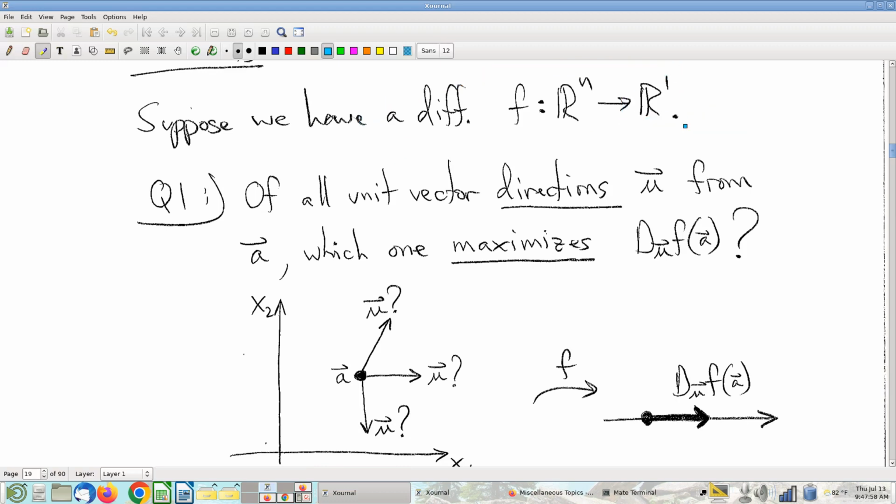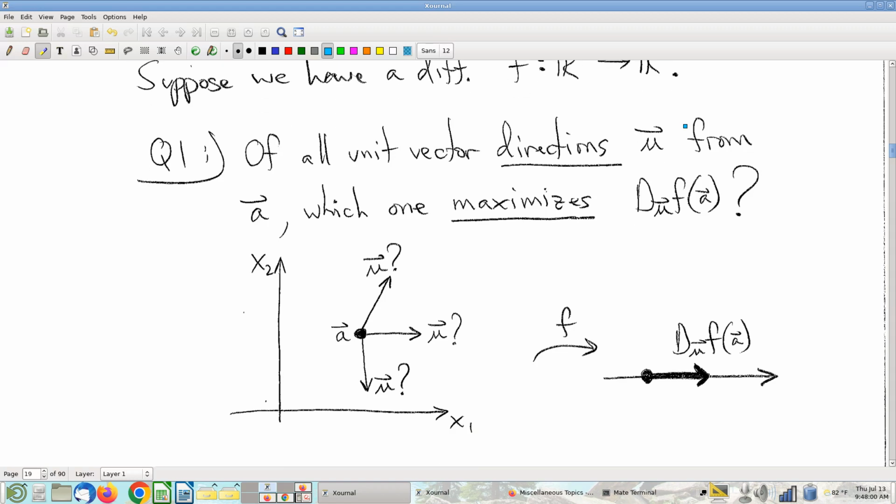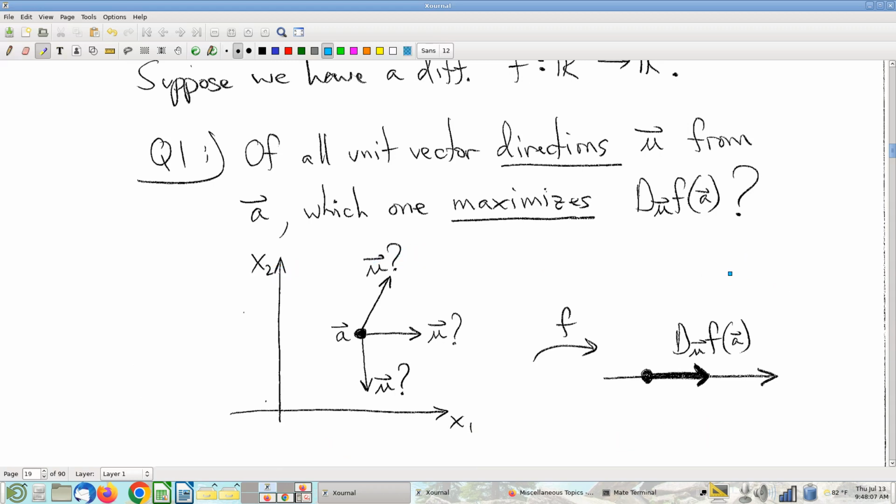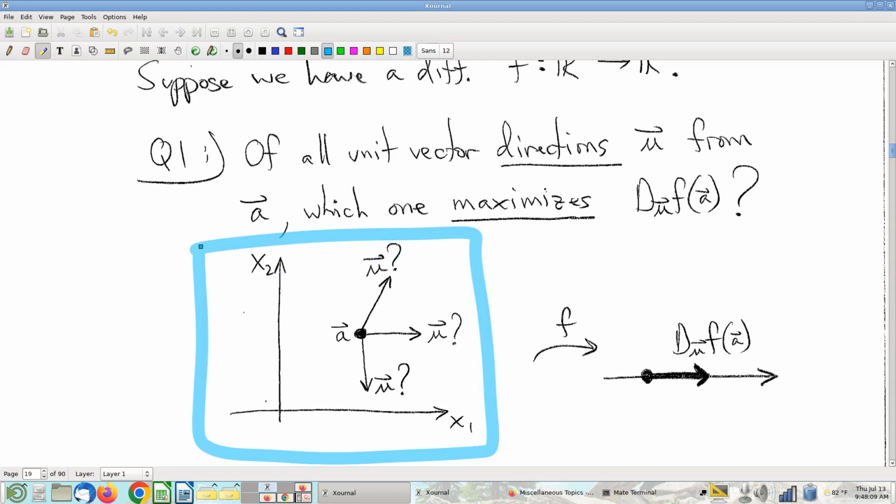And I'm going to ask what I think is a pretty reasonable question. Now, here's our literal picture of our multivariable function, right? And here in the domain, let's suppose that I'm sitting right here, which means the value of the function is some value.